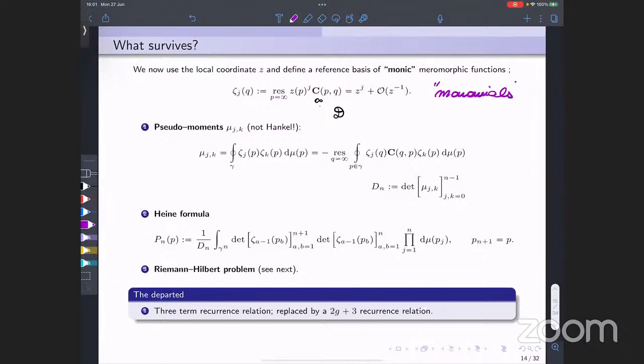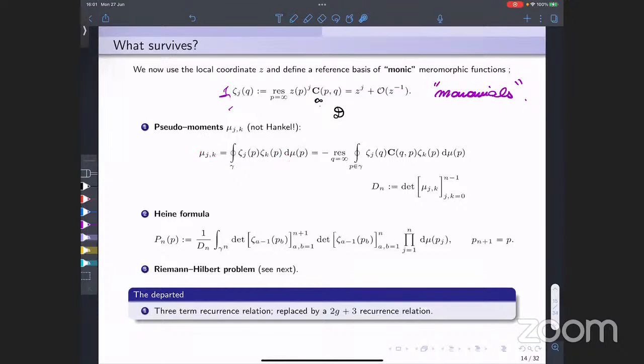And then the normalization that you were asking for is exactly to impose that the leading pole has coefficient 1 for the highest zetas. Okay, so then what do you do? You do like you do for orthogonal polynomials. Nothing particular. It's more like bi-orthogonality here. You take the bi-moments, so you stick in zeta j, zeta k, you integrate, you get this matrix, which is obviously symmetric.